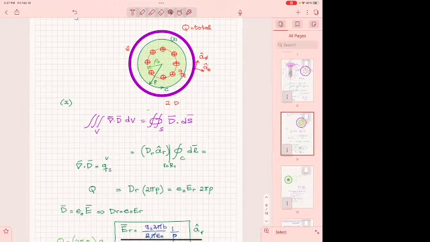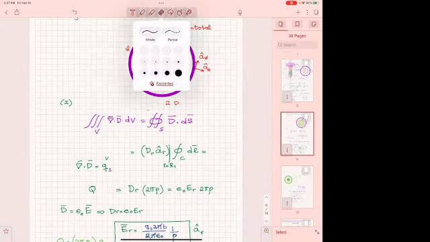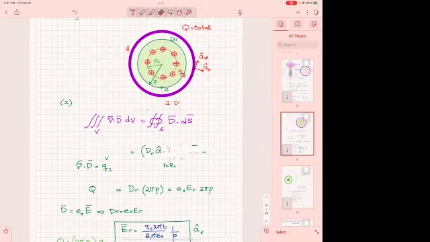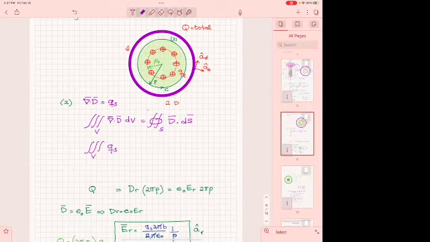I will rewrite them. The volume integral of the divergence of D dV, according to Gauss's law, where the divergence of D is Q sub S, is the volume integral of Q sub S dV.